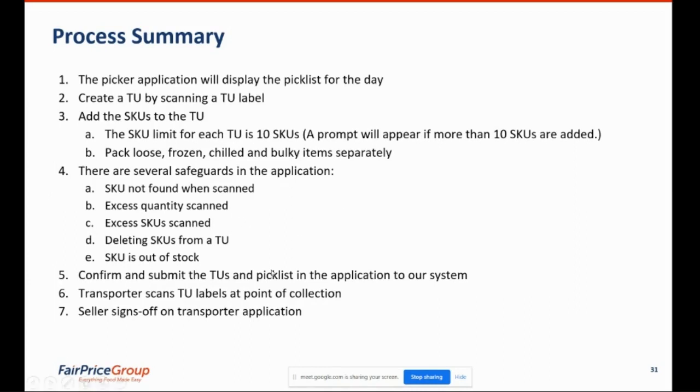And lastly, our transporter will scan the TU labels at the point of collection when they come and pick up from your store. And then they will ask you for a sign-off on the transporter application. So that is just an overview, a process summary, of how the seller picker application will go.